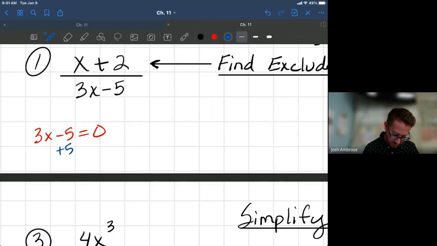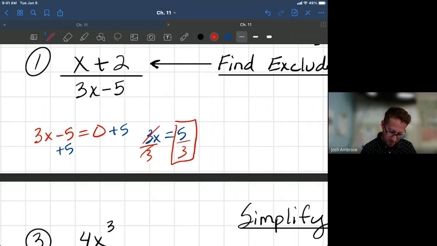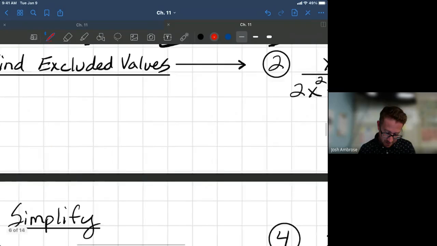Add 5, add 5. 3x equals 5. Divide both sides by 3. And that is our excluded value, 5 over 3. Solve the variable just in the denominator. Make the denominator equal to 0. All right, let's take a look at number 2.